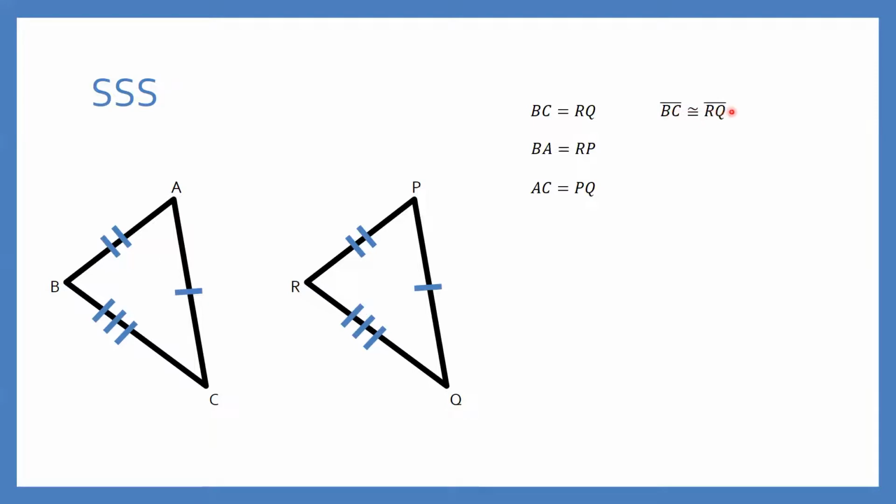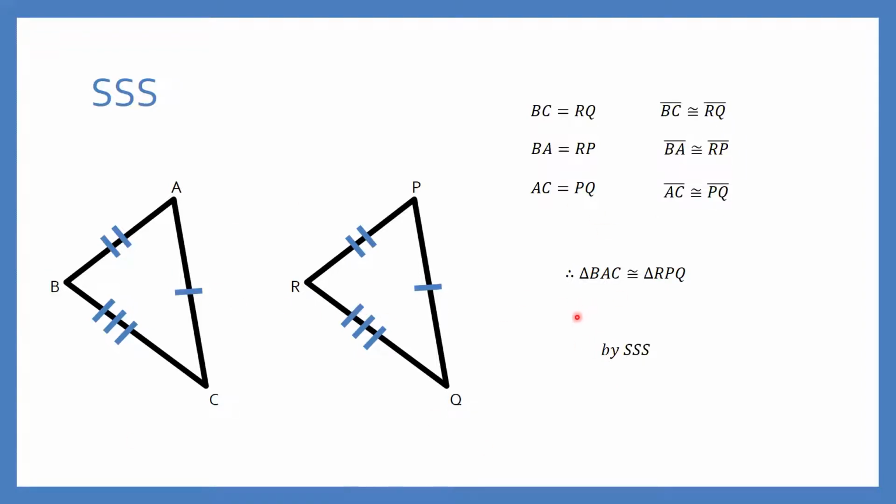So BC is congruent to RQ, BA is congruent to RP, and AC is congruent to PQ. Therefore, if the three sides are congruent, using the postulate we could say that triangle BAC is congruent to triangle RPQ. The reason is by the SSS postulate. Okay? That is how we analyze SSS.